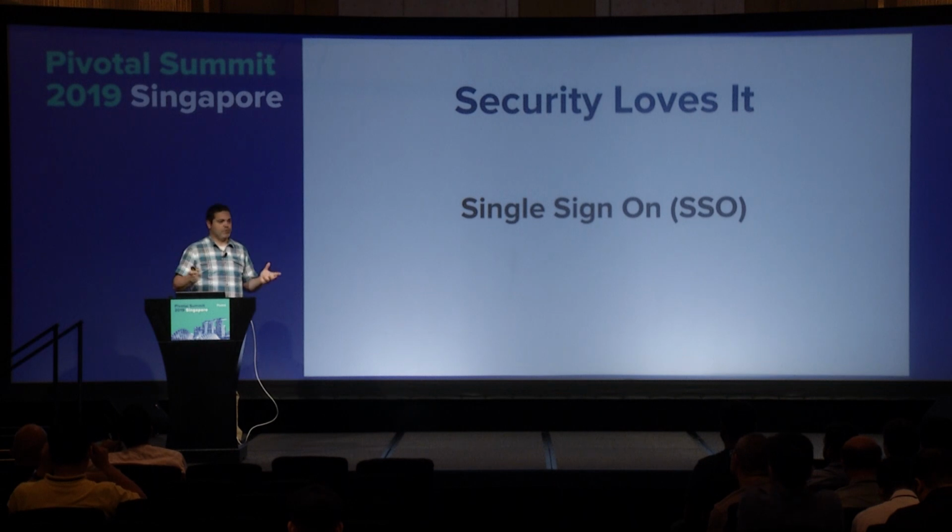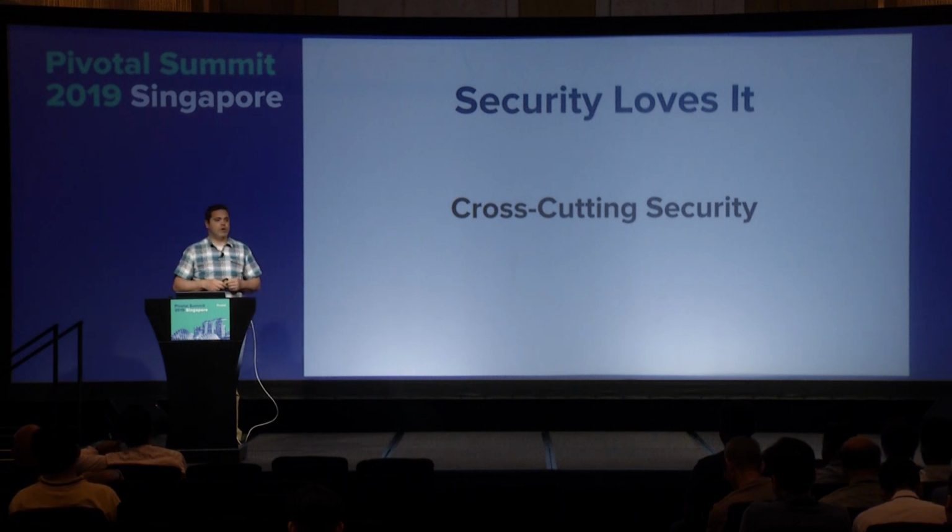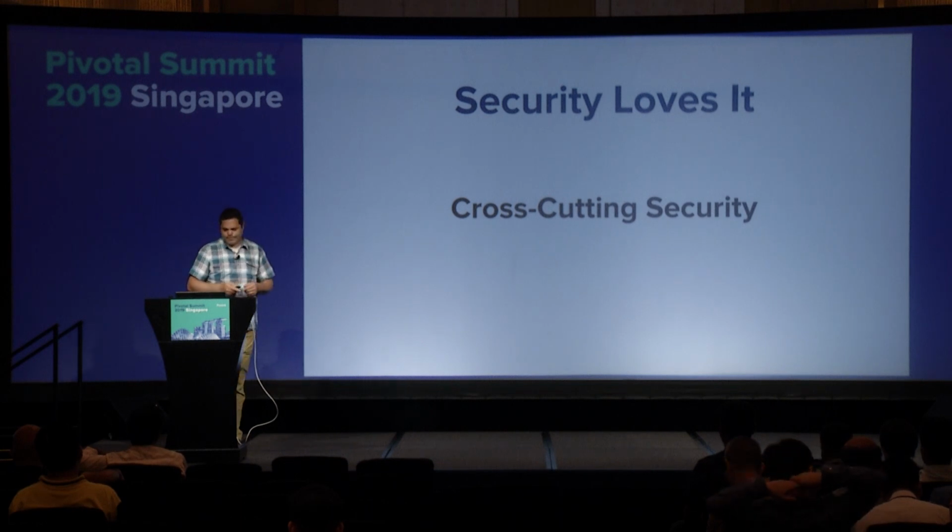You get to set it up with your familiar tools and things like that. So cross-cutting security can happen here. Authentication, authorization, right? With tools like OAuth 2, we have a filter that will relay OAuth tokens to downstream services.